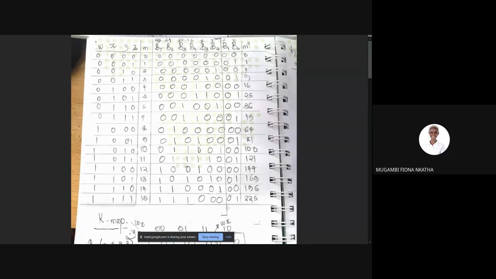So, we need 4 bits as the input. We have W, X, Y, Z as our 4 bits. Now we know if K is the number, if it's 4 bits, it squares that. So the output is going to be K squared.